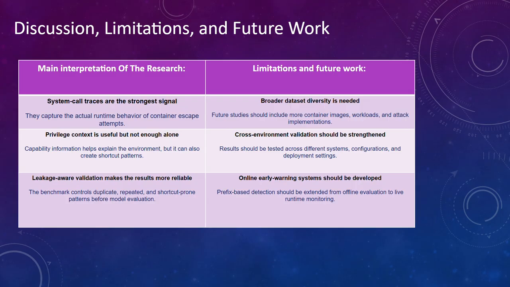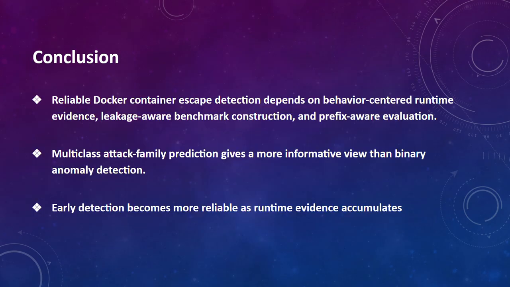Results should be tested across different systems, configurations, and deployment settings. Early warning systems should be developed. In other words, we should deploy the model to see the actual success of the system. Prefix-based detection should be extended from offline evaluation to live runtime monitoring to see real results.